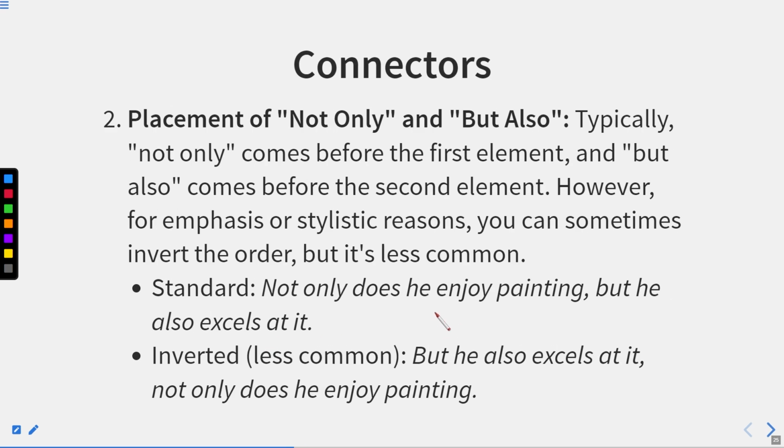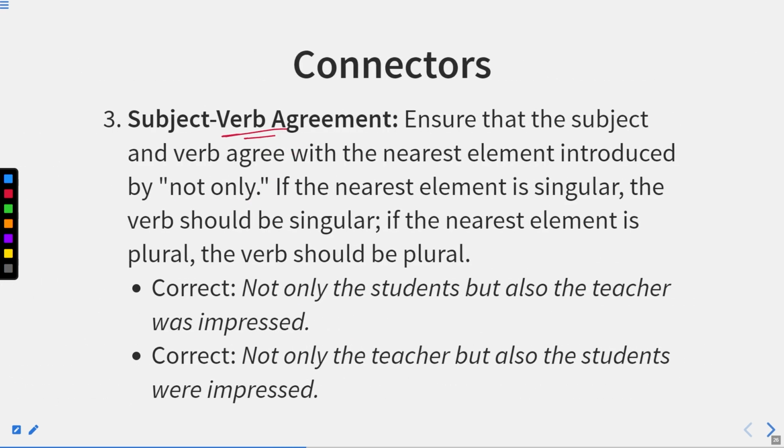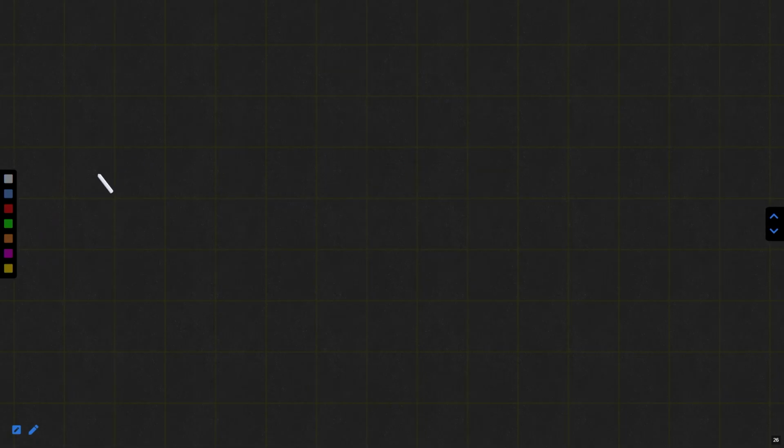Now let us move to the third one. This is subject-verb agreement. Ensure that the subject and verb agree with the nearest element introduced by "not only" and "but also." It means, suppose we have this type of structure. First we have "not only," and after that we have "but also."